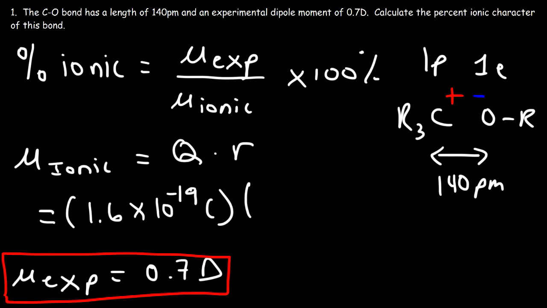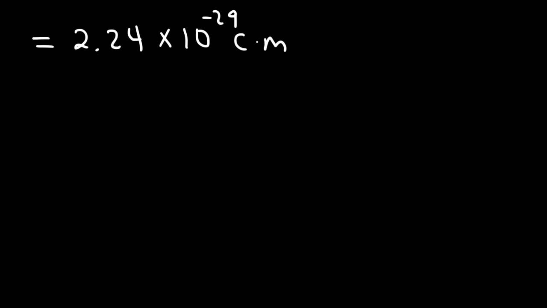Now the separation distance is 140 picometers. 1 picometer is 10 to the minus 12 meters. So let's go ahead and multiply those two numbers. And so you should get 2.24 times 10 to the negative 29 coulomb meters.